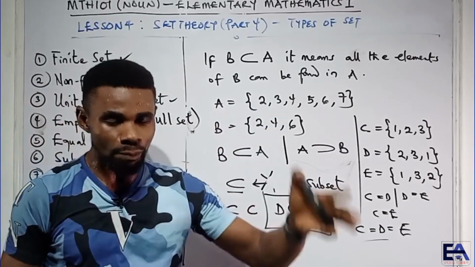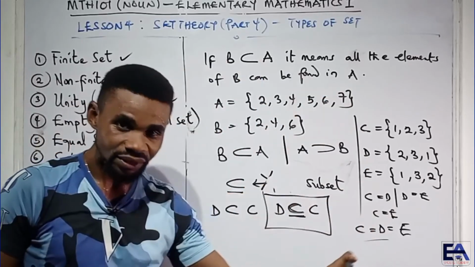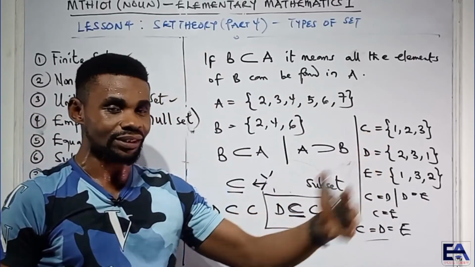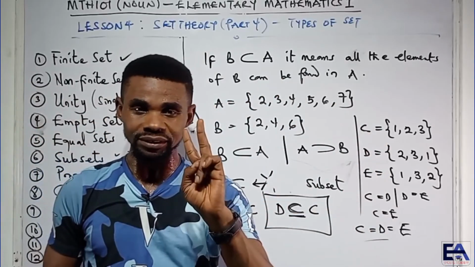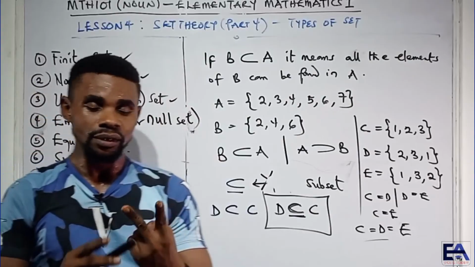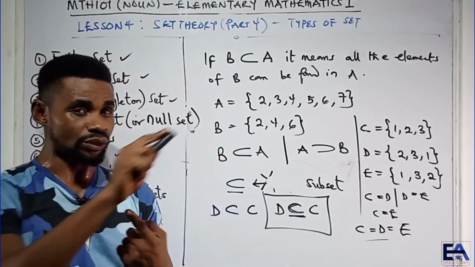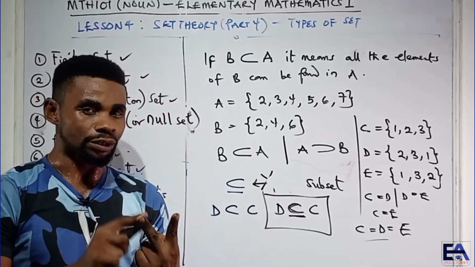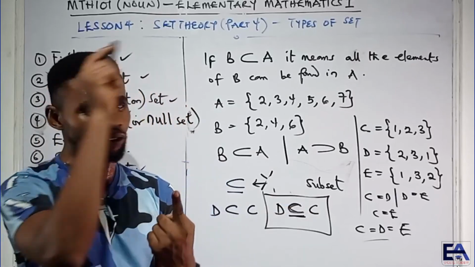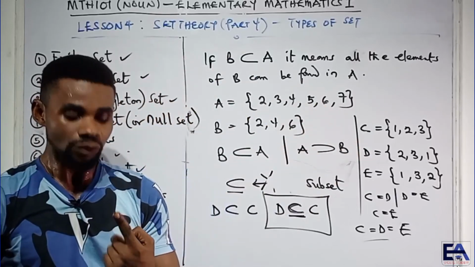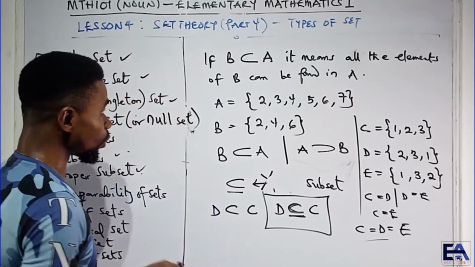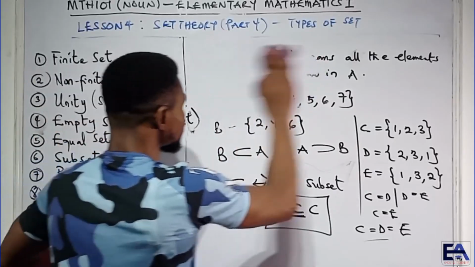A set is a proper subset of another set if two conditions are met. Condition number 1, all the elements in the set can be found in the other set. Condition number 2, this set is not equal to that.